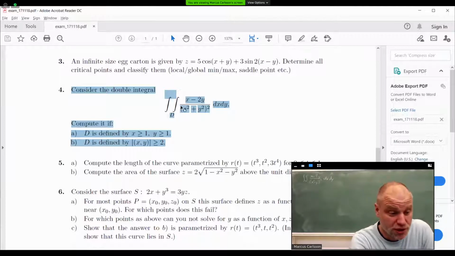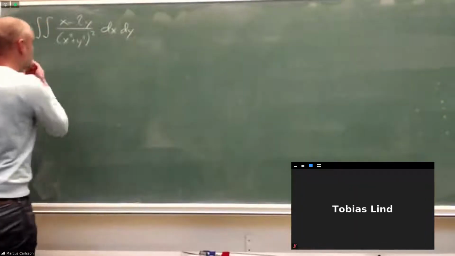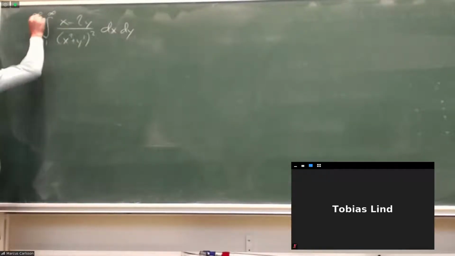So if I do partial integration, I just integrate from 1 to infinity with both of them, right? So that's pretty straightforward. So you have 1 to infinity, 1 to infinity.